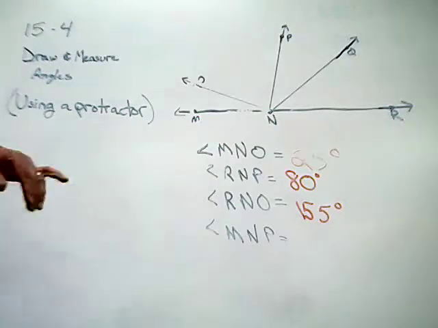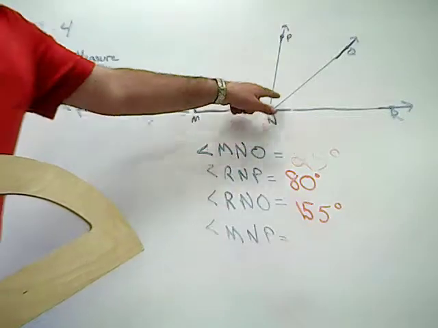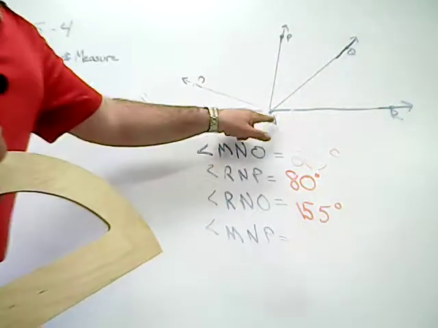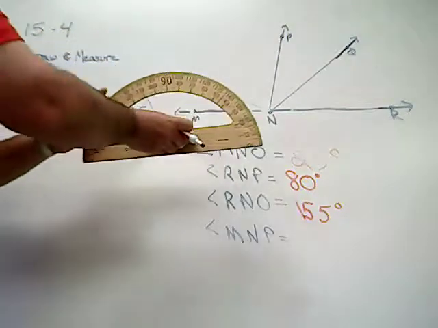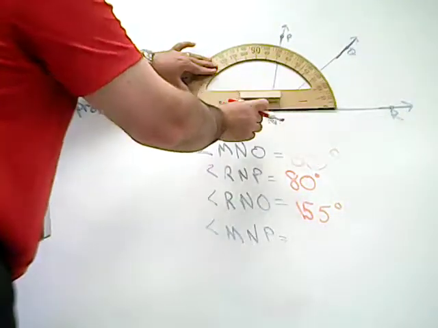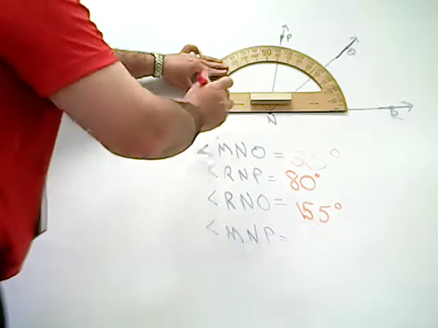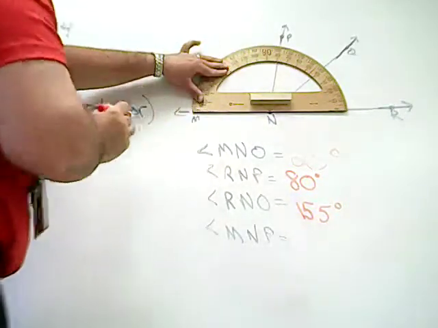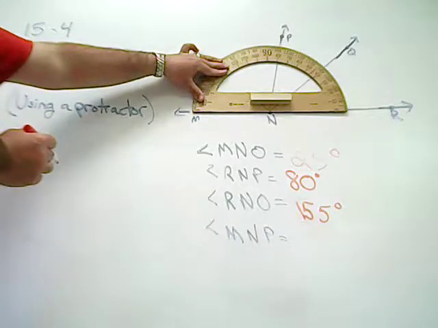And then finally, the last one I'll do an example here for you is MNP. That's also bigger than 90 degrees. So I'm going to follow my protractor rules. Bottom edge, point, and I need to use the number 100 or 80. I need to choose the one that's larger than 90 degrees here.